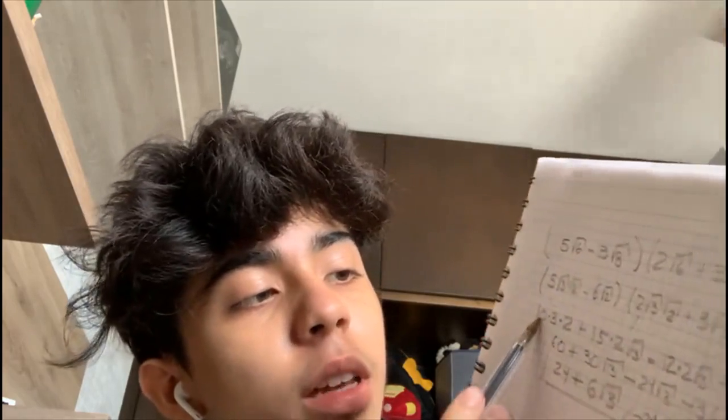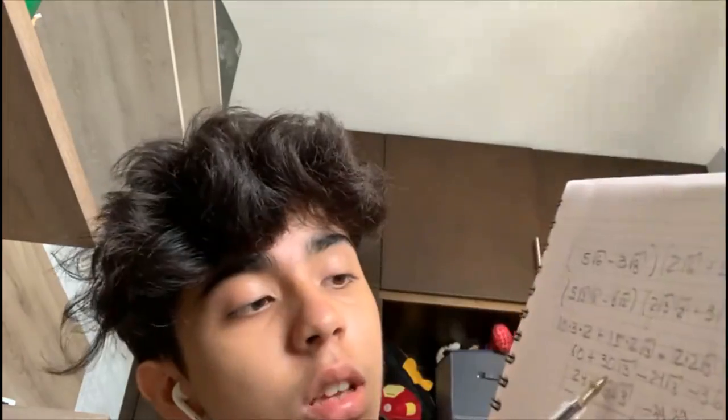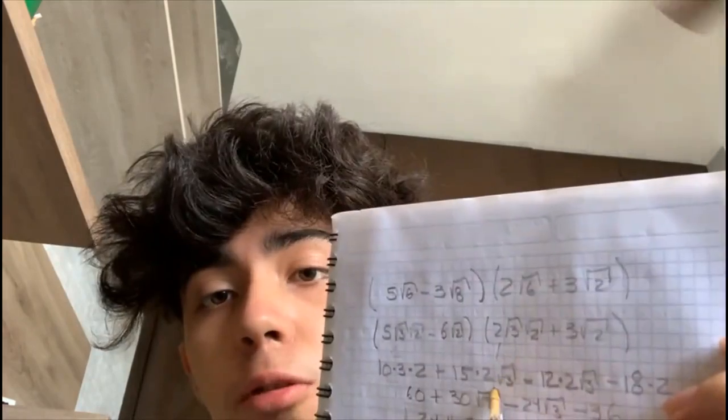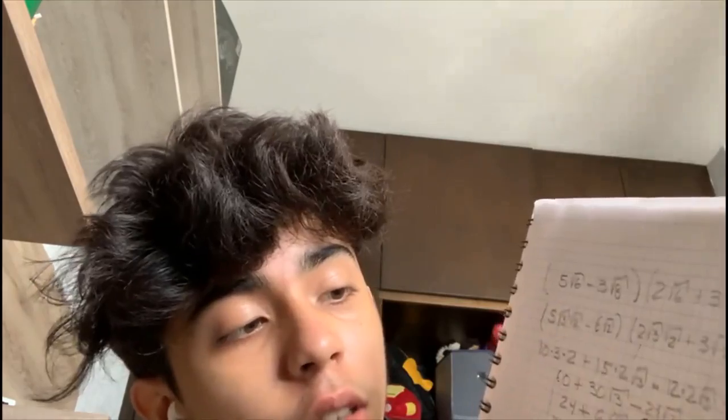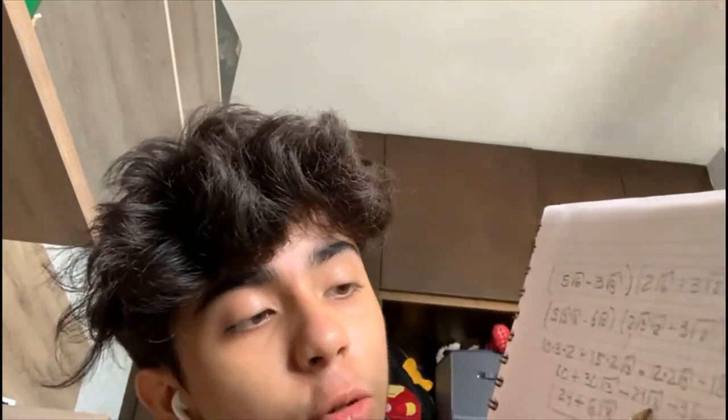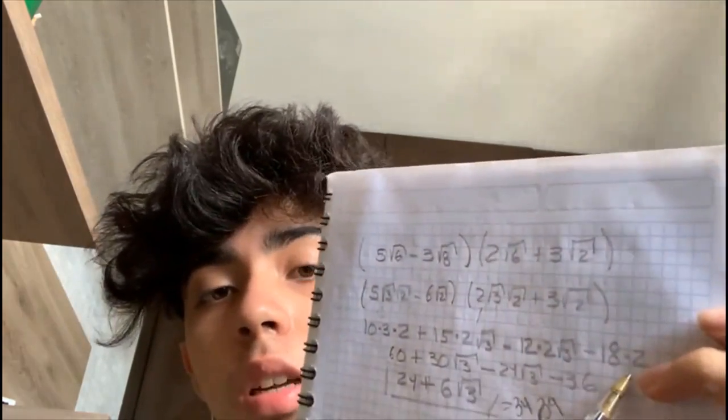Then we multiply 10 times 3 times 2, that is 60, plus 15 times 2, that is 30. And we cross the square root of 3 and the other square root of 3, and it will give us as if it was 1, so we'll leave it as 1 square root of 3, minus 12 times 2, that is 24 square root of 3, minus 18 times 2, that is 36.